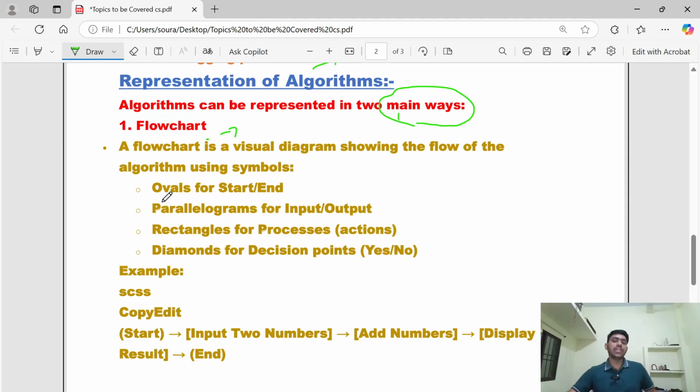Okay, you can see ovals are used for start and end. Parallelograms are used for input and output. Rectangles are used for the process. Diamonds are used for decision points. Example, you can see here.